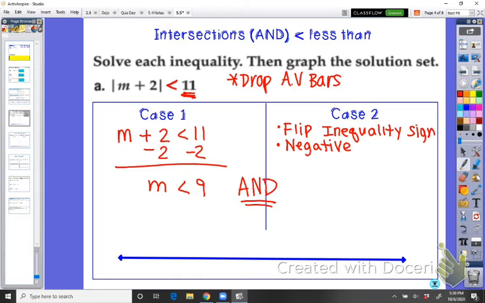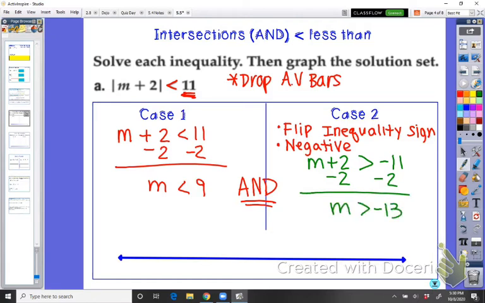So instead of m plus 2 being less than 11, it's going to be greater than -11. The symbol flips and the 11 became negative. And we're going to solve this the same way. Subtract 2. M has to be greater than -13.